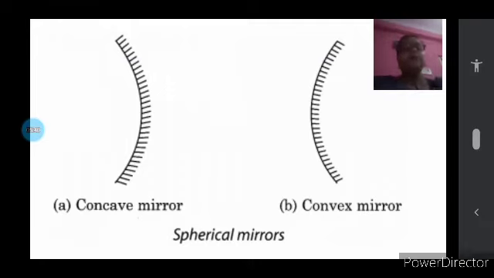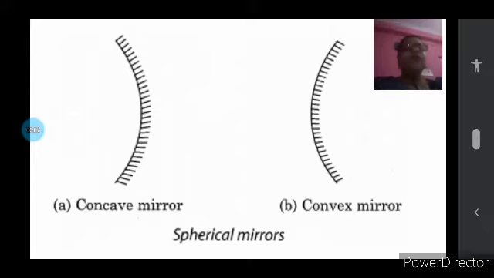So first of all, we should know this difference between concave and convex mirrors. In a concave mirror, the reflecting surface is curved inwards. In the convex mirror, the reflecting surface is bulged outwards. And you can see that for both the mirrors, there is the word spherical mirrors.